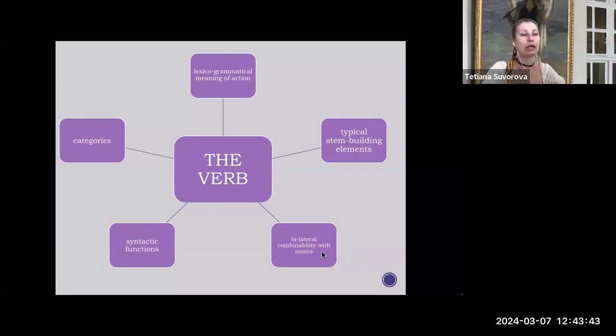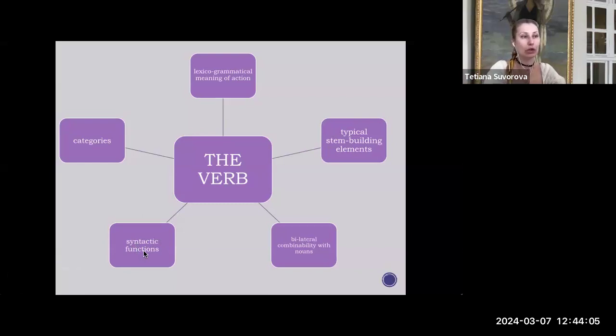And of course, we can discuss bilateral combinability with nouns, that is, how they are combined with other words of the language, with which exactly they can be in combinations, and then of course within the sentence they perform some functions.